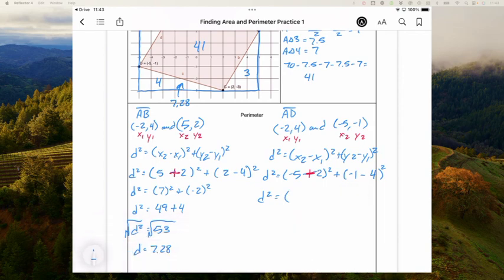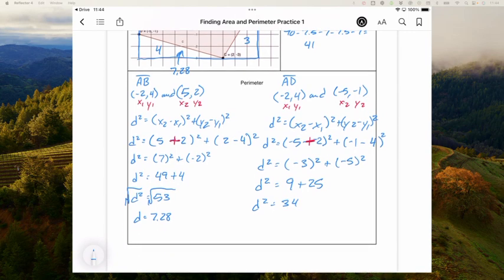And so that gives me -5 plus 2 is -3. Plus -1 minus 4 is -5. D squared is 9 plus 25. D squared is 34.